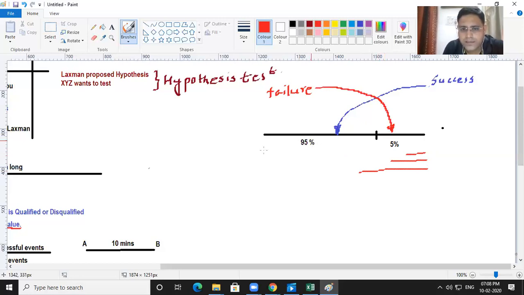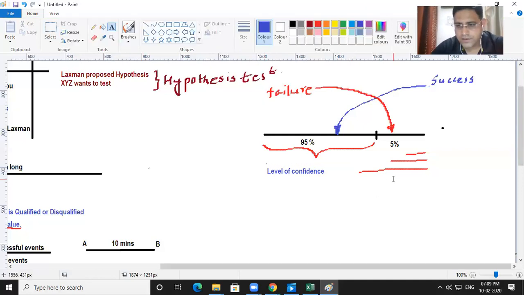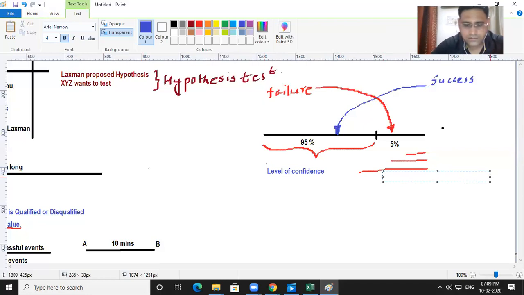So I can say that this zone is my level of confidence, and this zone is my level of significance.